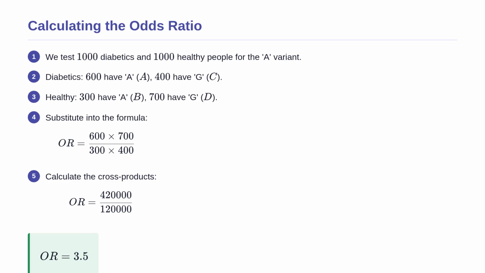Substituting our numbers, the numerator becomes 600 multiplied by 700, giving 420,000. The denominator becomes 300 multiplied by 400, giving 120,000. Dividing these gives a final answer of 3.5. Physically, this means people carrying the A variant have 3.5 times higher odds of having type 2 diabetes. This is a strong genetic association.